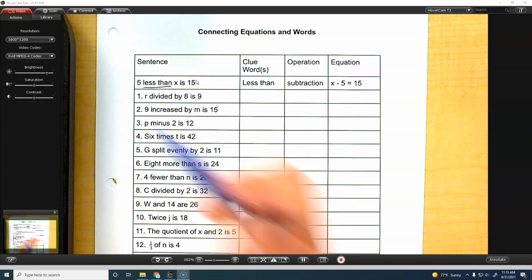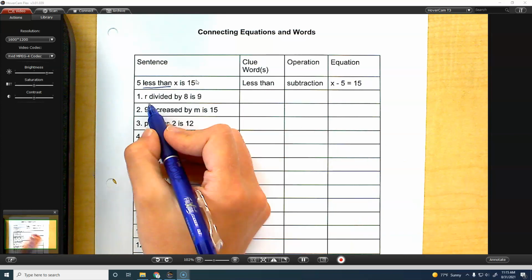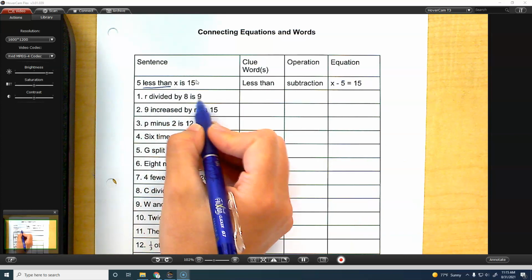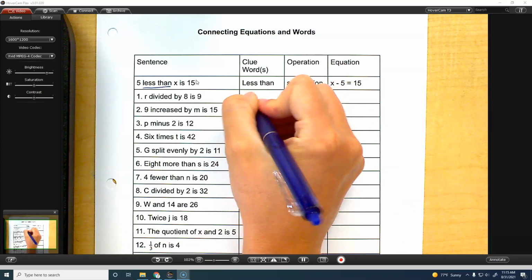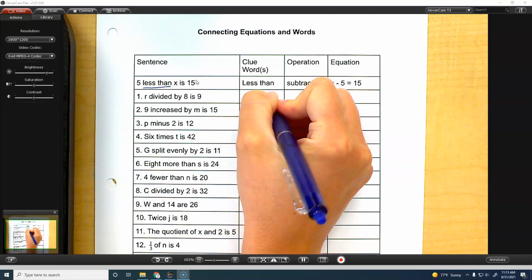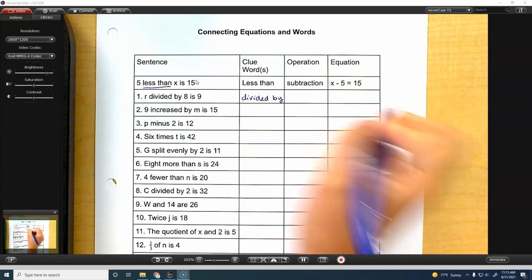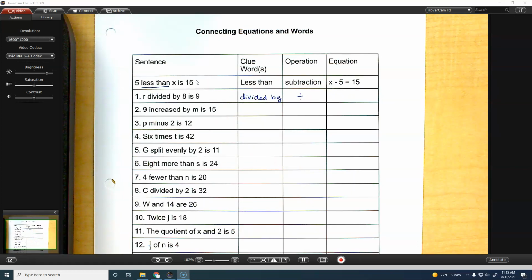So, let's do the first one here. R divided by 8 is 9. So, I've got divided by, which is pretty simple, right? That's just division, so I'm going to put the symbol there. If you want the symbol, that's fine. It's up to you. You can put the word if you want, but it's quicker.